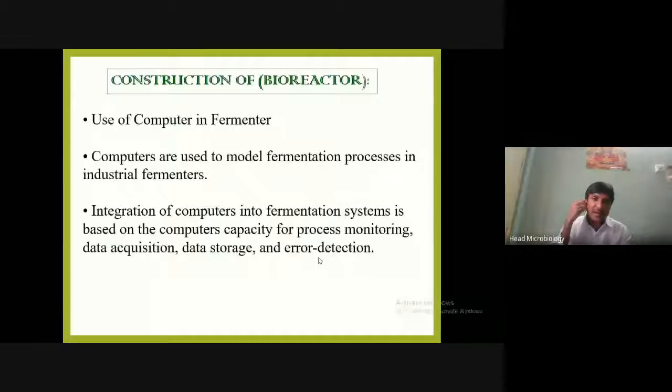The integration of computers in the fermentation system is based on the computer's capacity for process monitoring, data acquisition, and data storage. And if there are any errors in the fermentation process, we can easily detect and find them.